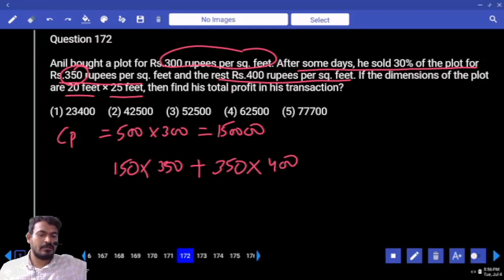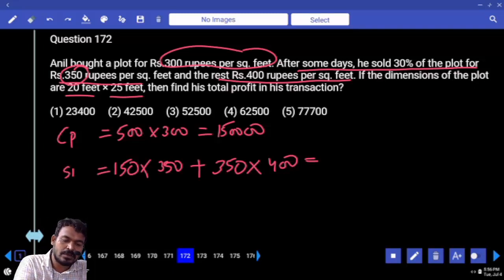These two added give the selling price of the total 500 square feet. First, what is the common value? 350 is common. Then we multiply 350 by which value?